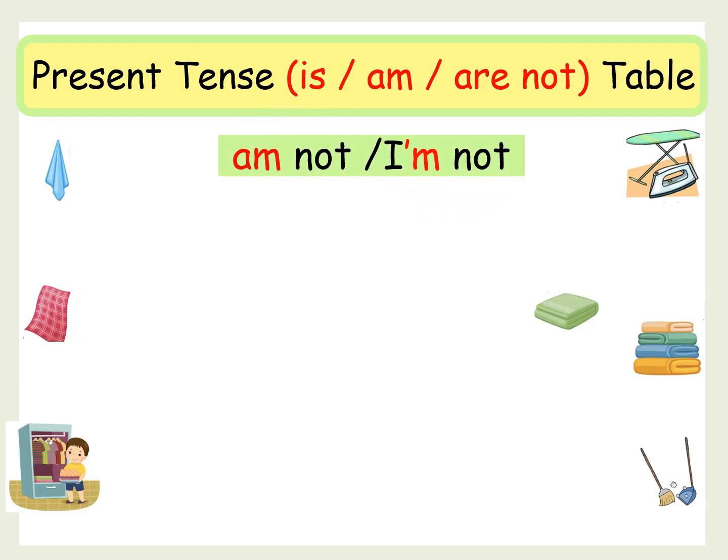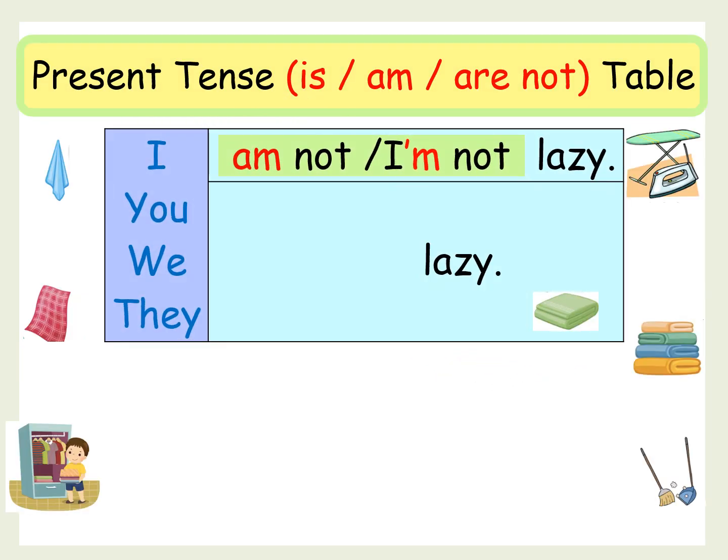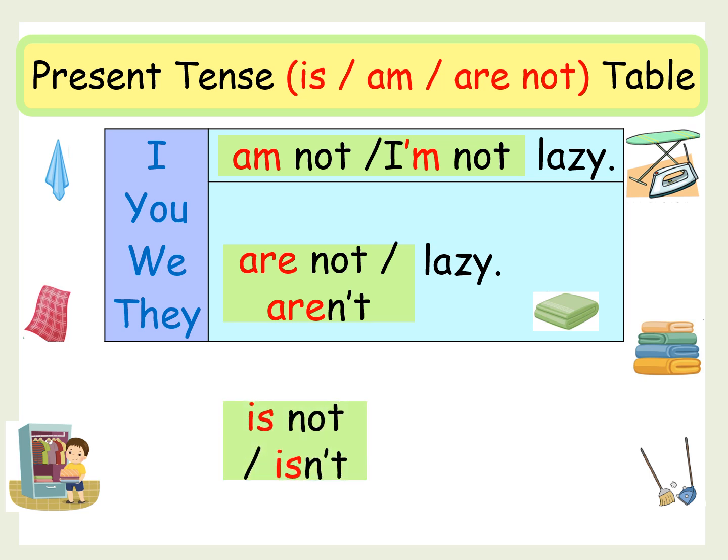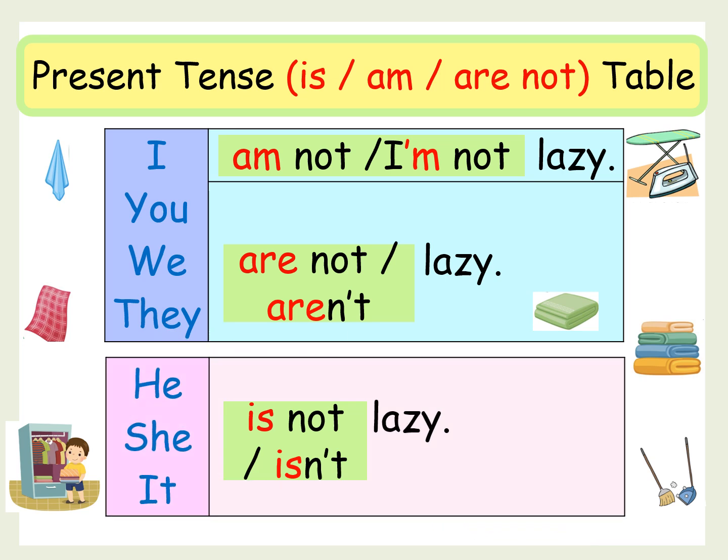We use am not after I. We use are not or aren't after you, we, they. We use it's not or isn't after he, she, it. Let's repeat together. I'm not lazy.